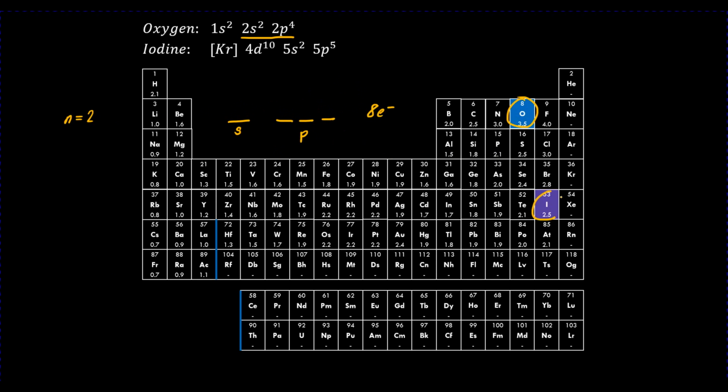Meanwhile, for iodine, its last electrons are placed in the 5th energy level. The 5th energy level has access to the following orbitals: s, p, d, and f. And if it is necessary for iodine to form multiple bonds, then it can use some of the vacant d orbitals. I will show you how it looks later.